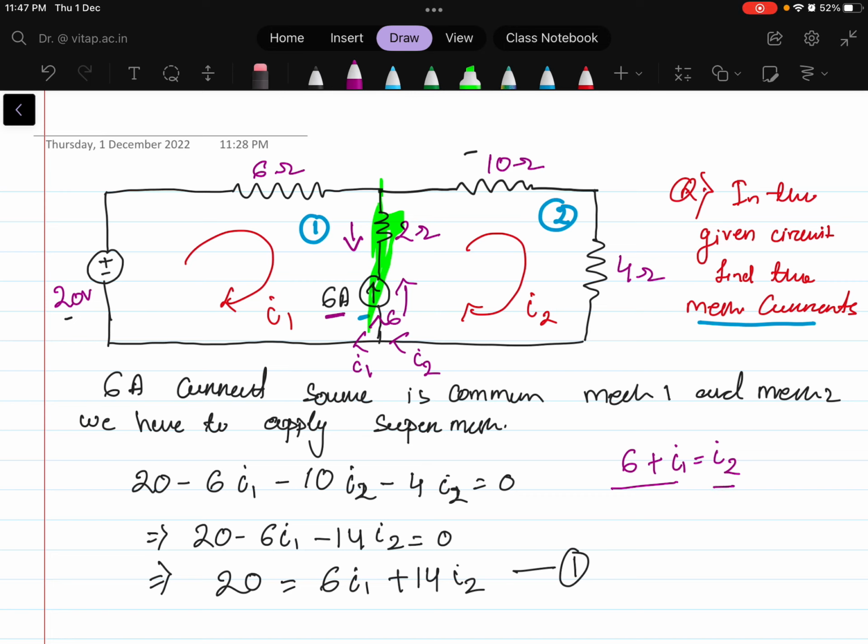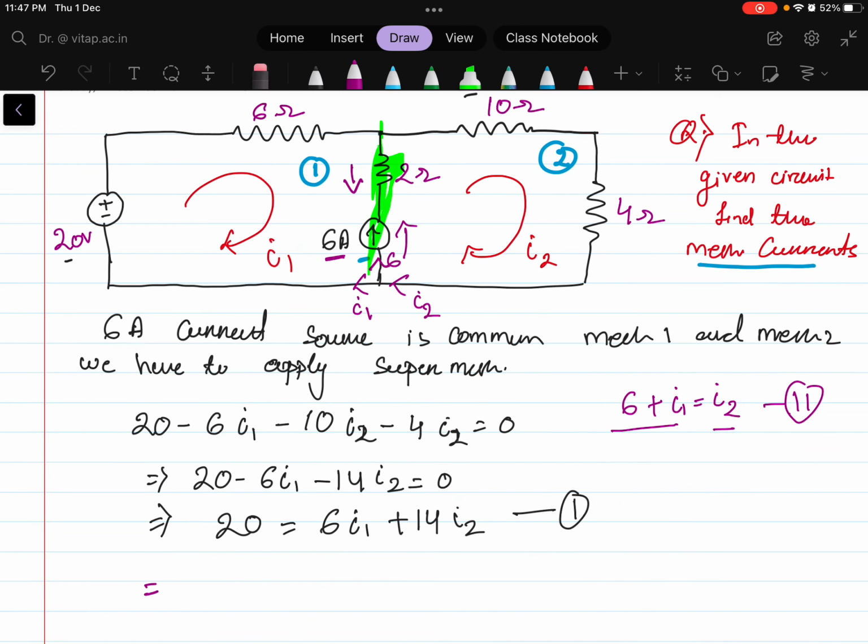If I apply this equation 2 in equation 1, I can write 20 is equal to 6 I1 plus 14 into I2 value, which I can write as 6 plus I1.